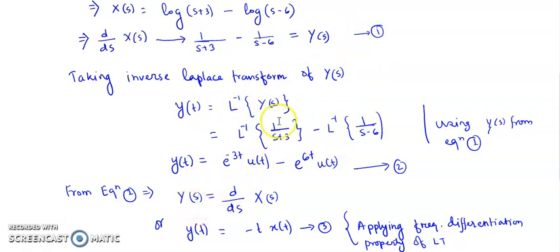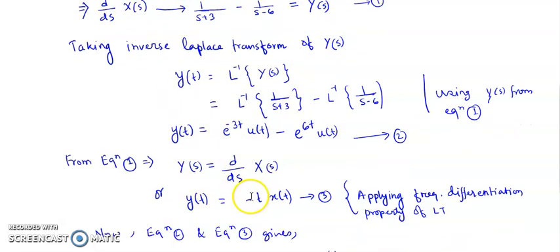So Y(s) is equal to the derivative of X(s), which is the Laplace transform of x(t), and Y(s) is the Laplace transform of y(t). This derivative formula we have obtained in the properties of Laplace transform, the differentiation in the frequency domain.